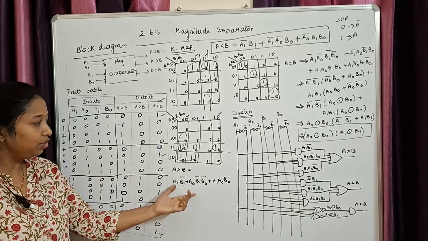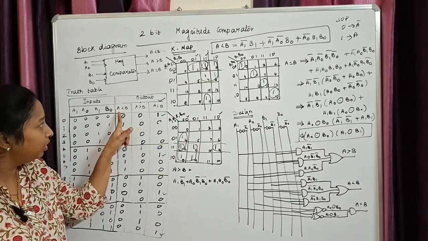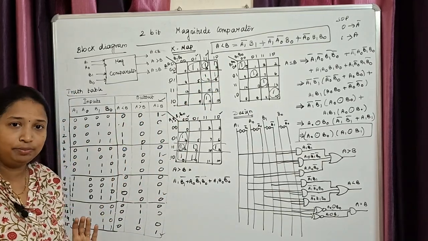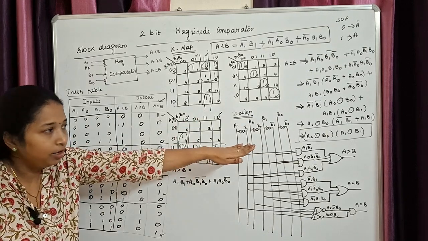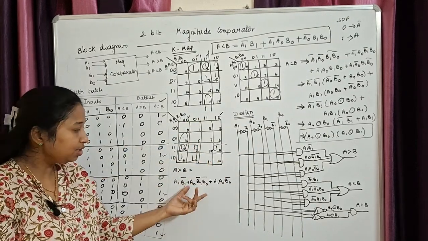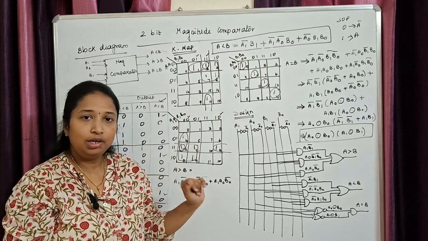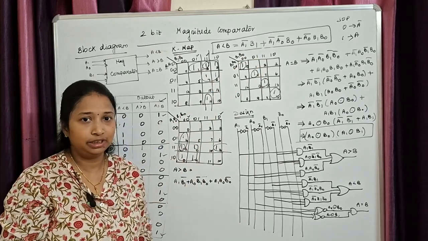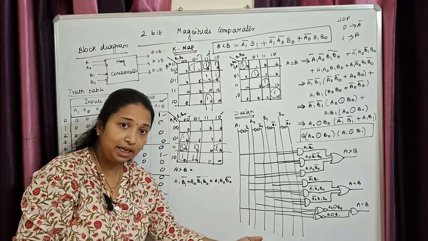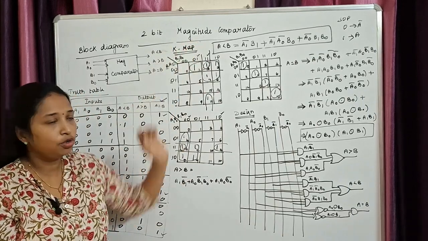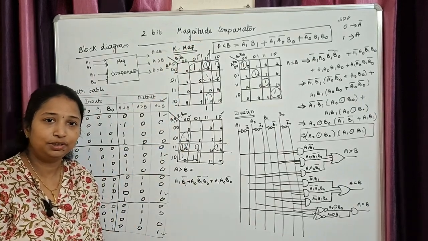Clear? In a similar way, you have to do for all the three outputs. That is for A less than B, A greater than B, and A equal to B. Clear? After finding the Boolean expression, what is the final step? Based on the Boolean expressions that you have got, you have to design the circuit using logic gates. Clear? And this is the final design of a 2-bit magnitude comparator using combinational logic circuit.